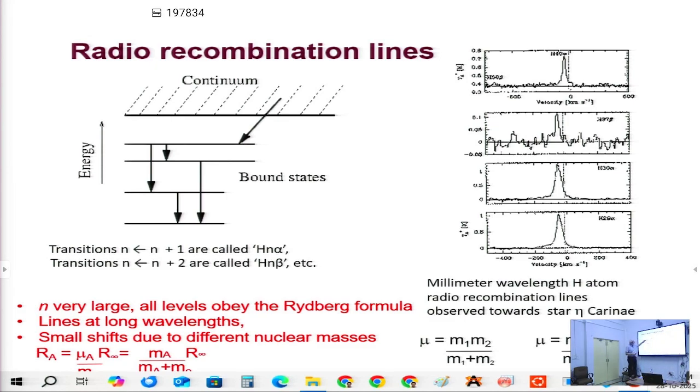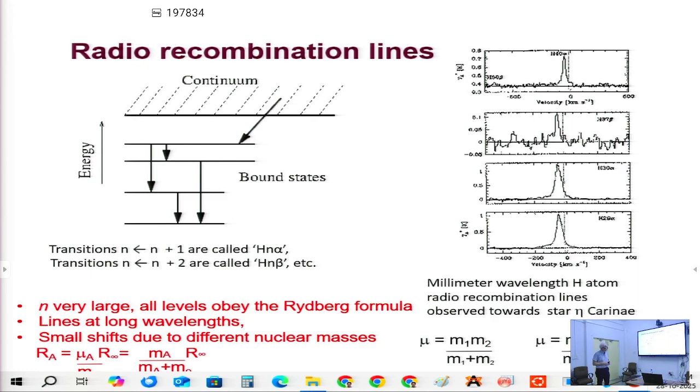So you have these cascades down, and when n is very large, basically the quantum defects become irrelevant because you're so far from the central atom that you don't really feel it. And anyway, if you're at an n equals 30 level, the chances are you're at a very high L state, which doesn't have a quantum defect.